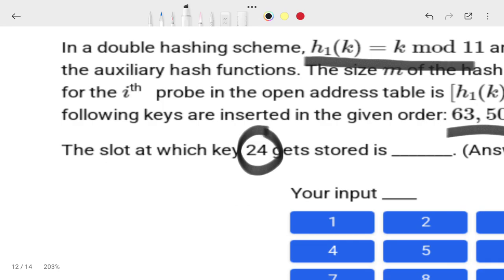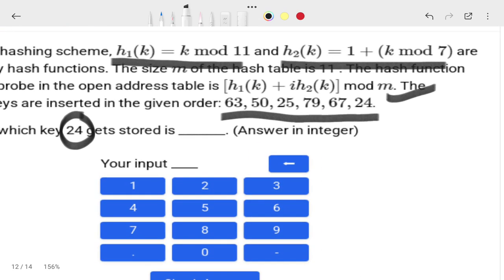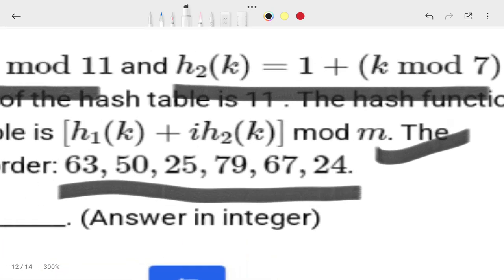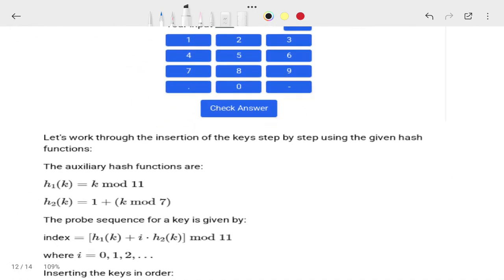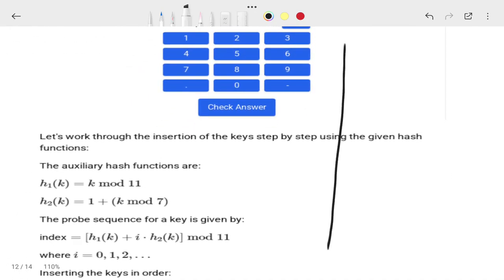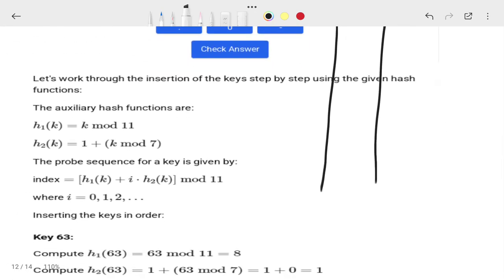Okay, very simple. So my hash table size is 11. I will create 11 slots. This question I already solved in the exam.